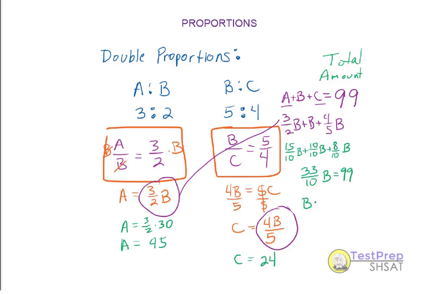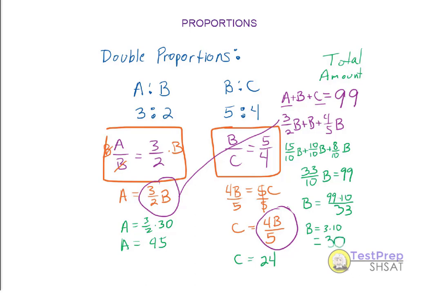B will equal, on the right side, 99 times 10 divided by 33, and I know 99 divided by 33 is just 3. So B equals 3 times 10, or 30.